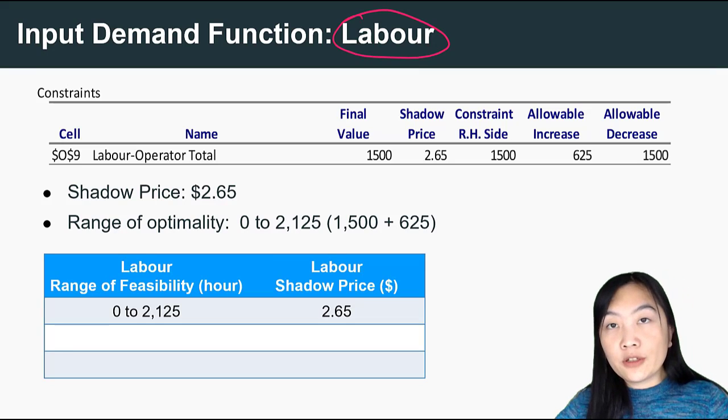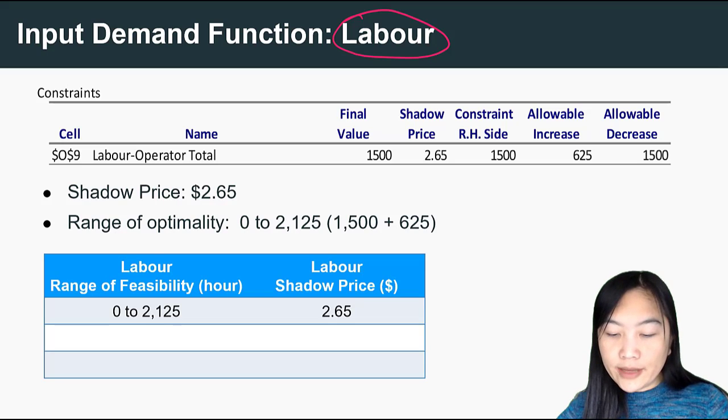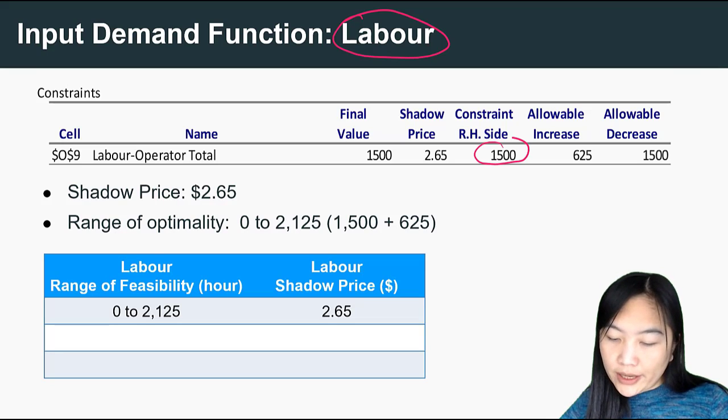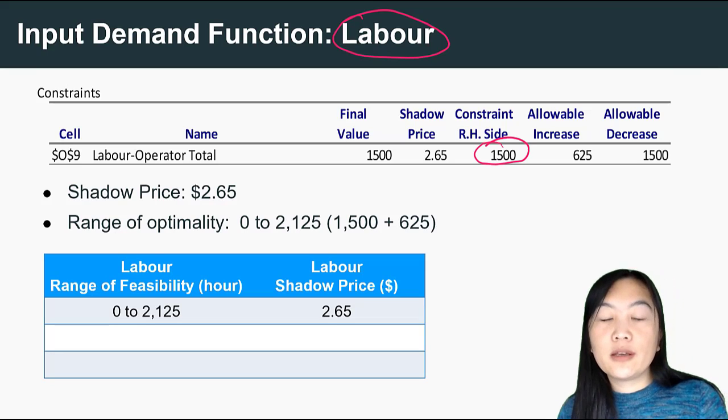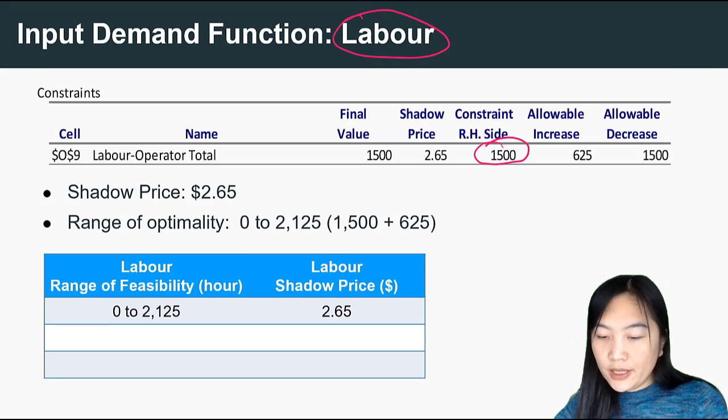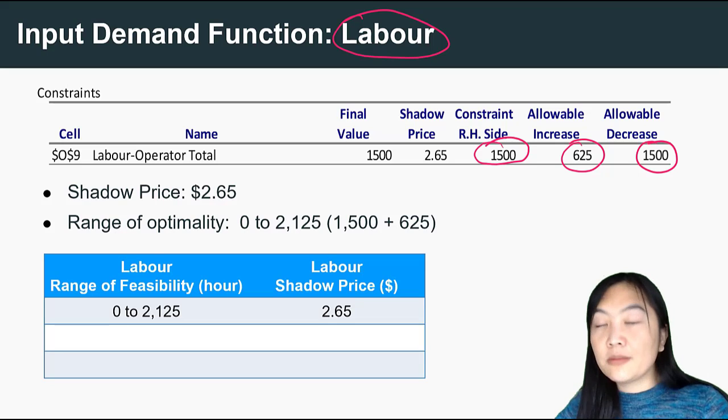If you go back to your sensitivity analysis report, you can find for this row the right-hand side value, which is 1500. It also has an allowable increase and allowable decrease.